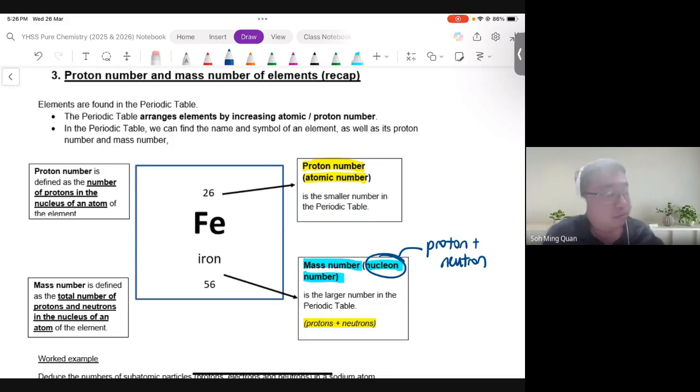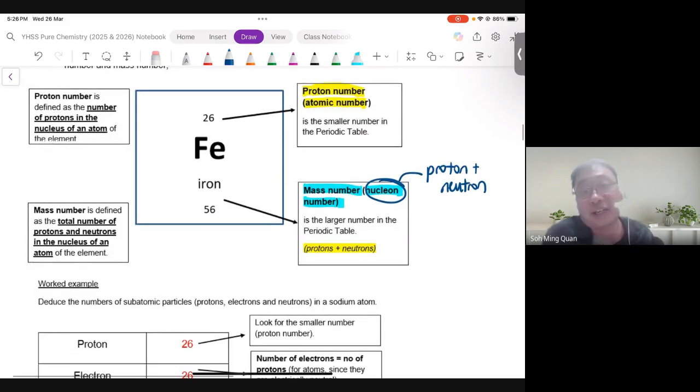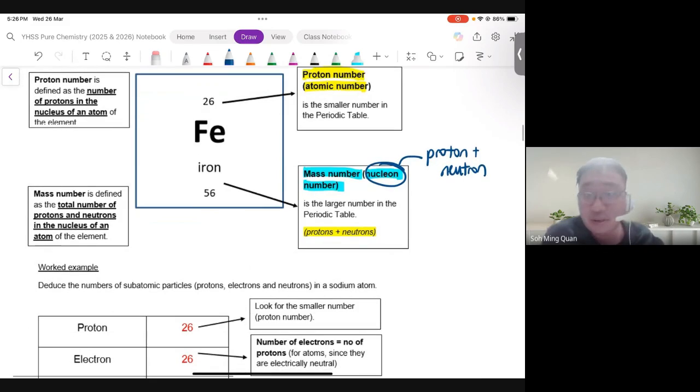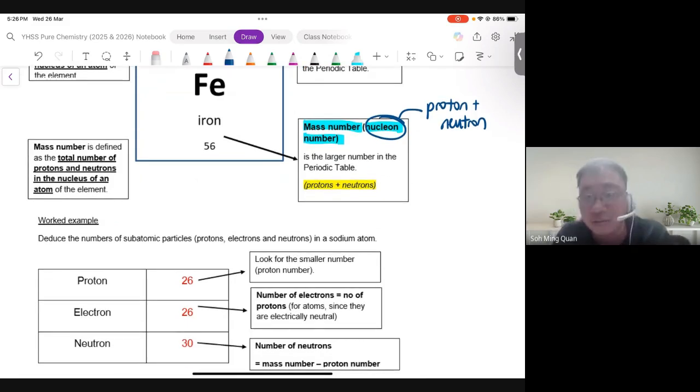For iron, we can quickly work out it has 26 protons because the proton number is 26. For an atom of iron, because atoms have not lost electrons yet, the number of electrons should be equal to the number of protons. So iron atom also has 26 electrons. And finally, neutrons will be 30 because we take the mass number 56 minus 26.